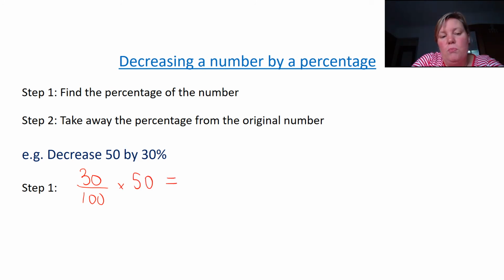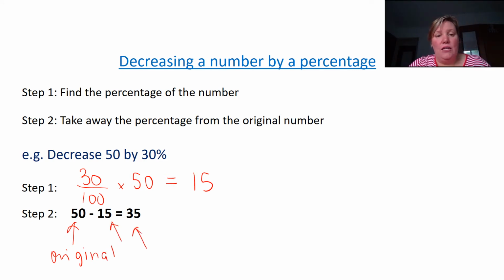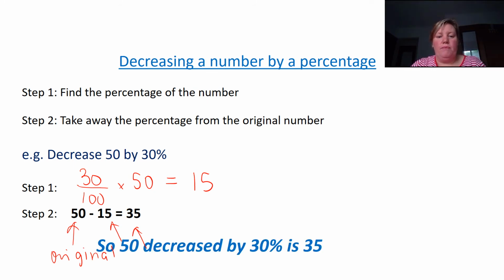That's going to be 15. The next step is to simply subtract it. So there's my original, there's my decrease, and that's what it equals at the end. So instead of adding, you subtract for a decrease.